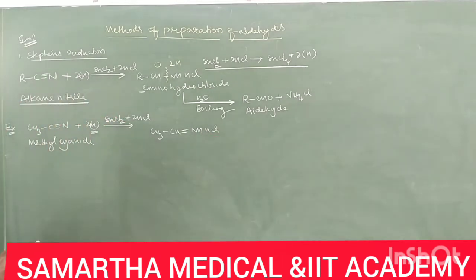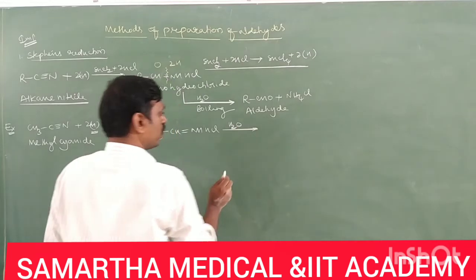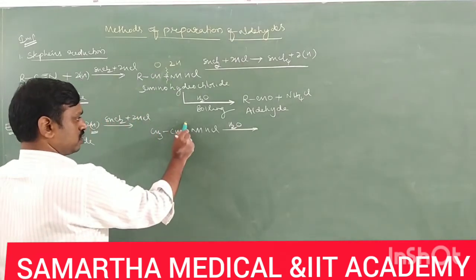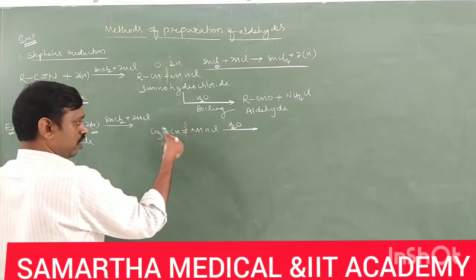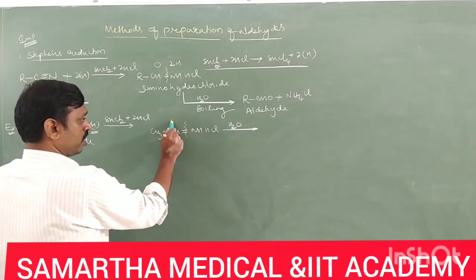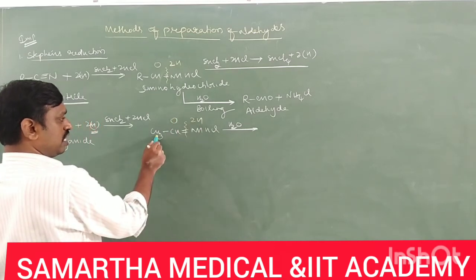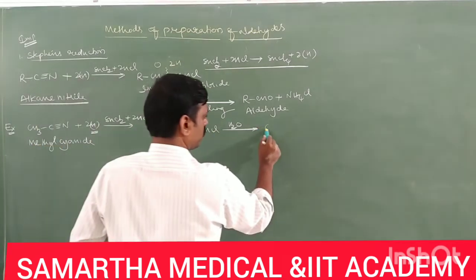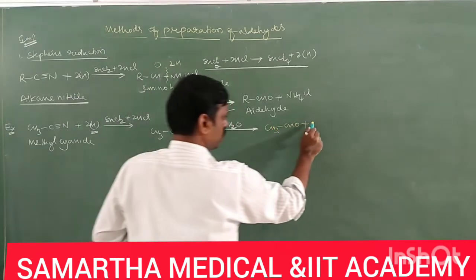This is the imino hydrochloride intermediate. This imino hydrochloride intermediate undergoes hydrolysis in boiling water. So here this imine bond will be broken or undergo hydrolysis. Here this is hydrogen, here oxygen, here 2 hydrogen, CH3CHO, which forms the corresponding aldehyde, plus ammonium chloride.